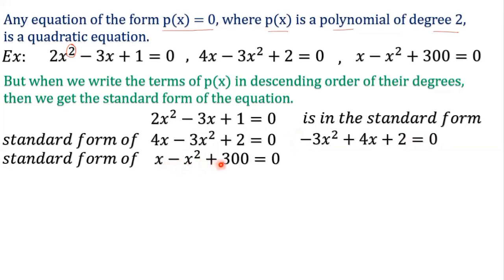Now, the standard form of x minus x square plus 300 is equal to 0 is minus x square plus x, then plus 300 is equal to 0. Power 2, power 1, then the constant term.